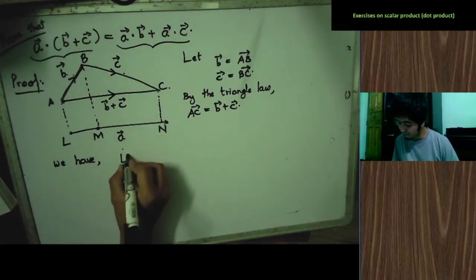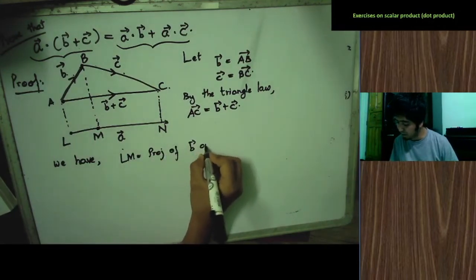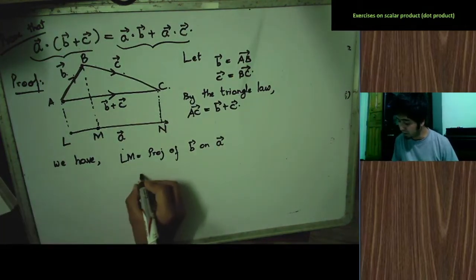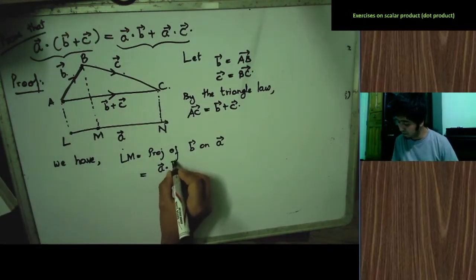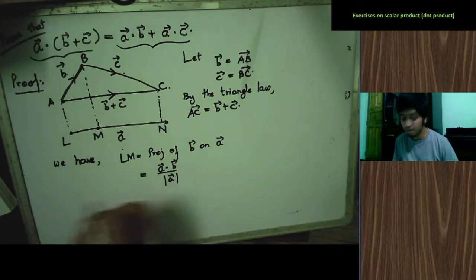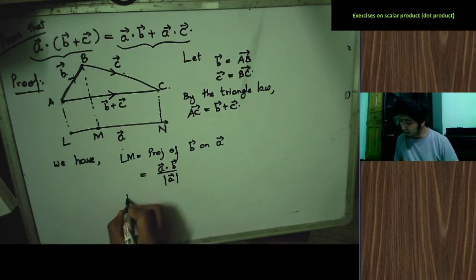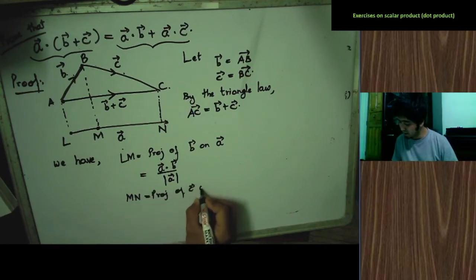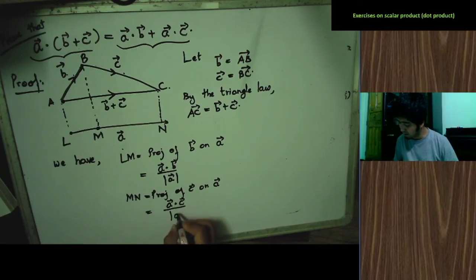We have LM equal to the projection of B on A. If you remember, we have the formula A dot B divided by magnitude A. Similarly, MN will be the projection of C on A, so the projection of C on A will be A dot C divided by magnitude A.